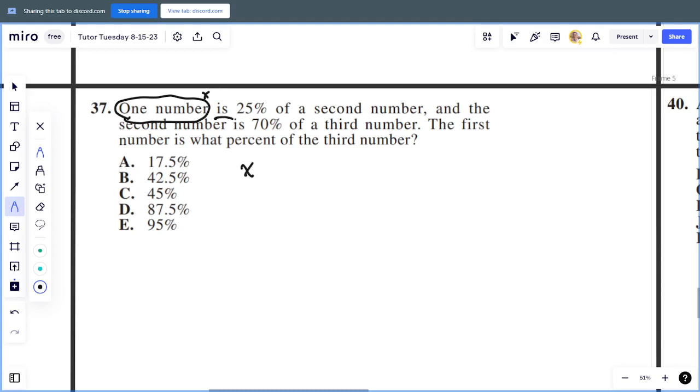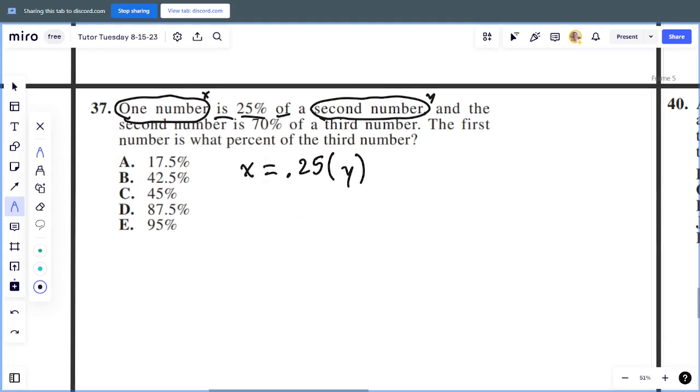If we have the word is, that just means equals. 25% I'm going to write as a decimal, 0.25. Of means multiply, and the second number could be y. It's just some number.